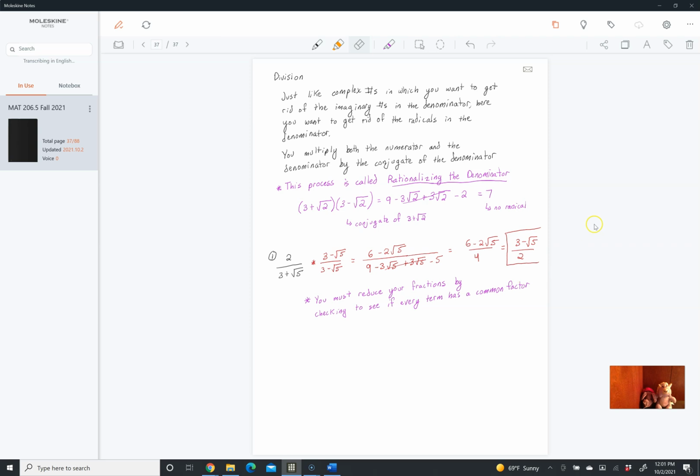Okay, so in this one, we could divide everything by 2. And notice we divided the 2 root 5 by 2, so it became square root of 5, not square root of 5 halves.